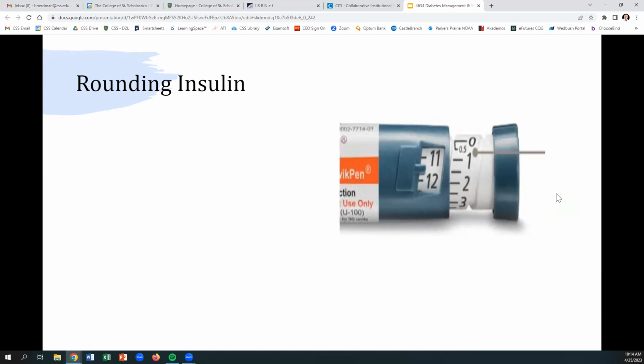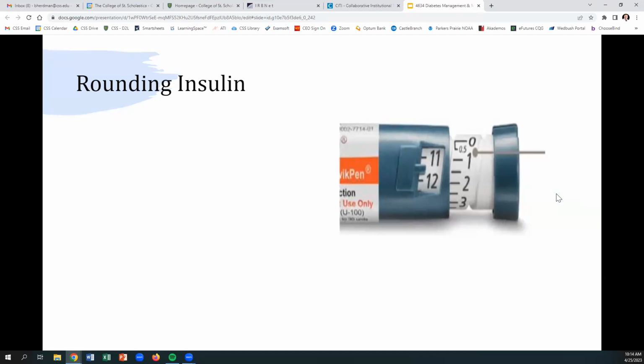If a person does some carb coverage and figures the math out, which we'll talk about in a little bit, and the math says that this person needs 6.5 units of insulin, do we give 6.5 units, or do we give 7 units because we're rounding up because of that extra 0.5? The answer is no. We never, ever, ever round up insulin.